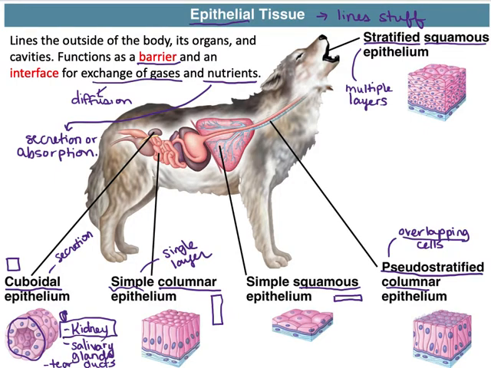All right, our simple columnar tissue is going to be located in the GI tract. So all along the gastrointestinal tract, not just the small intestine, but the stomach as well. And the major function is going to be secretion of gastric juices and absorption of nutrients after our food has been digested.